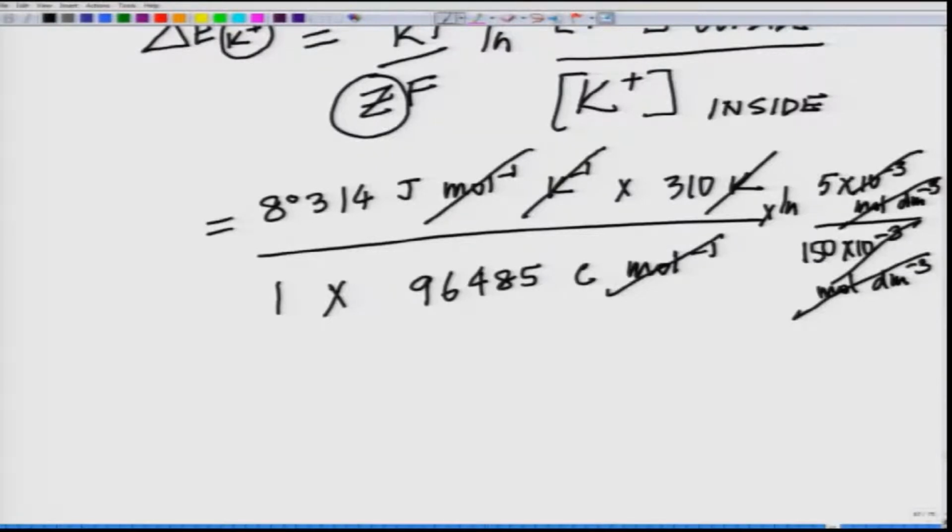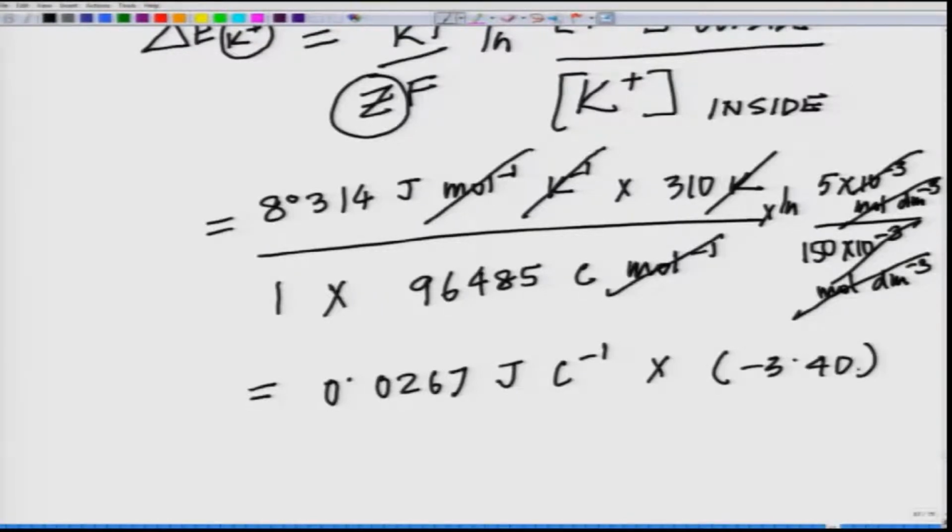So eventually the expression boils down to 0.0267 joules per coulomb multiplied by minus 3.40, and that brings us to minus 0.09 volt, which further brings us to minus 90 millivolt.